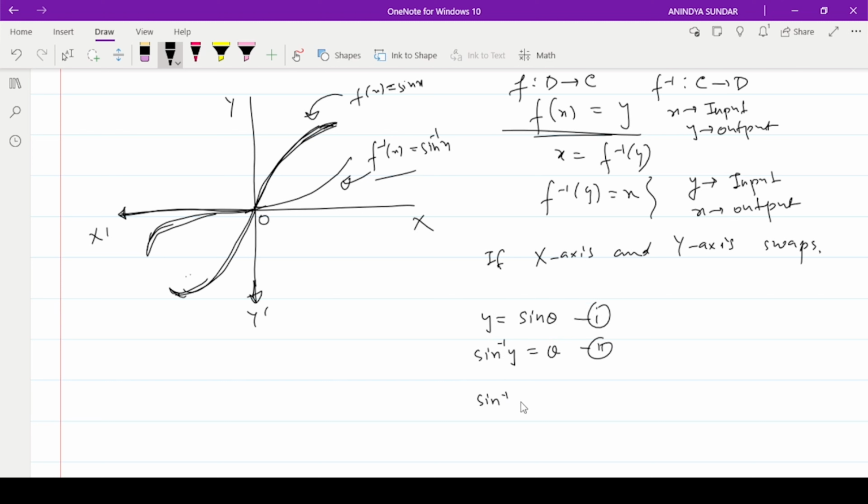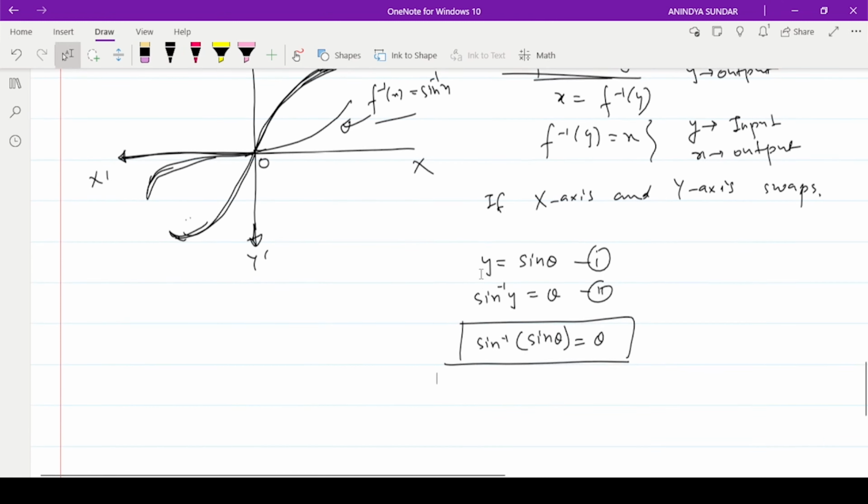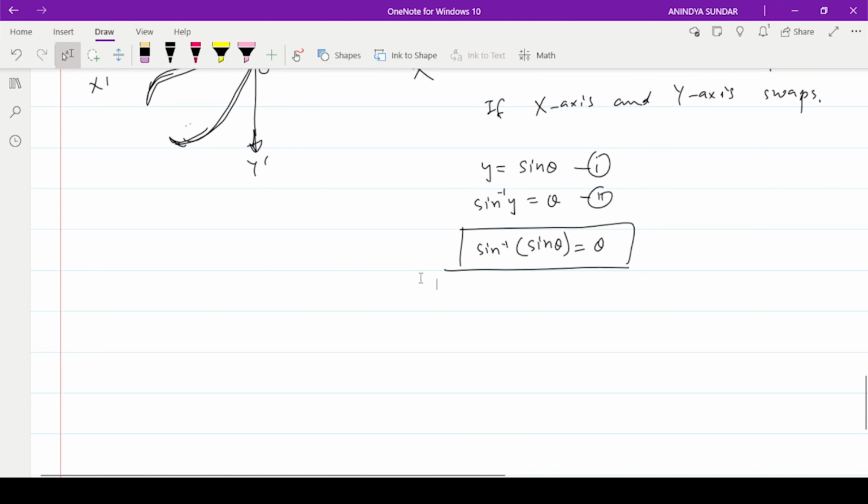Sine inverse y is again written as, from the first I will get y equal to sine theta, so I am writing sine. So this is one property that I have derived. Now theta will be taken from minus pi by 2 to pi by 2, because theta is the angle.